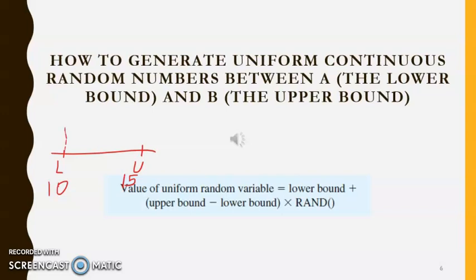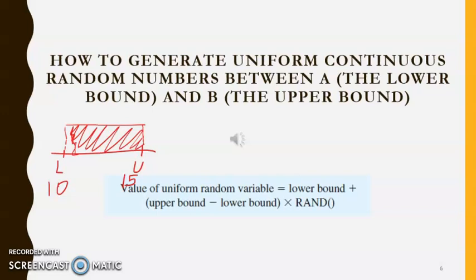After that, you get your uniform distribution like this. Now, in this slide, you see the formula that gives you the uniform random number in the intended range.